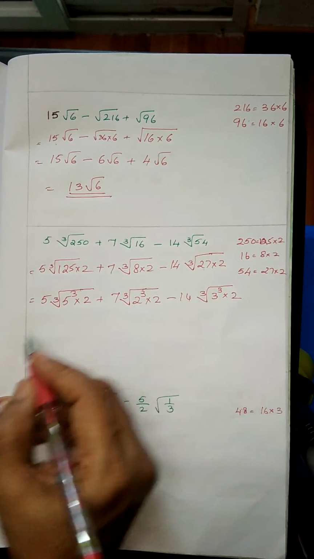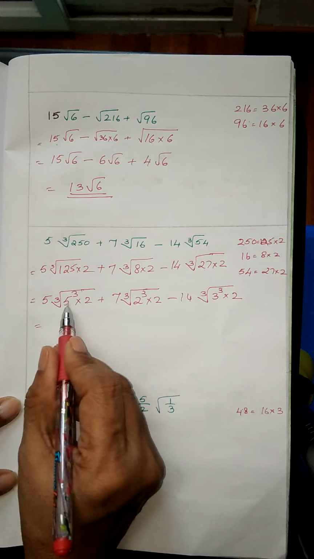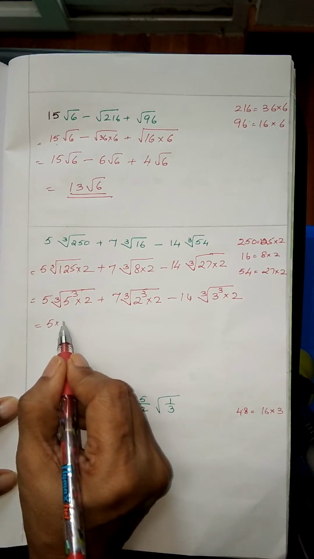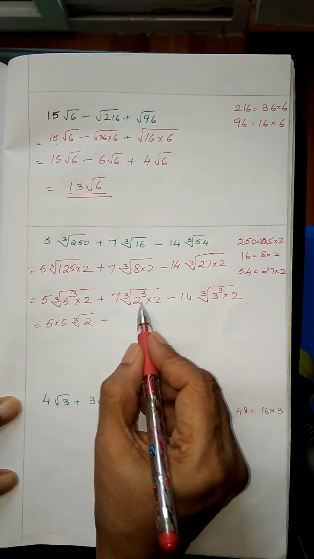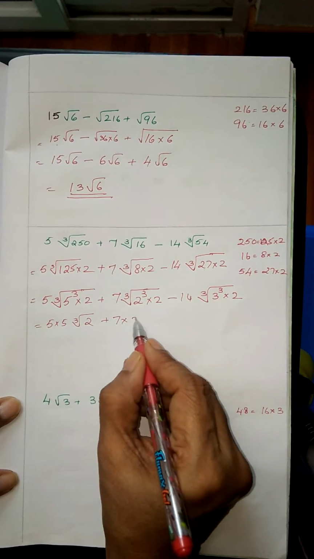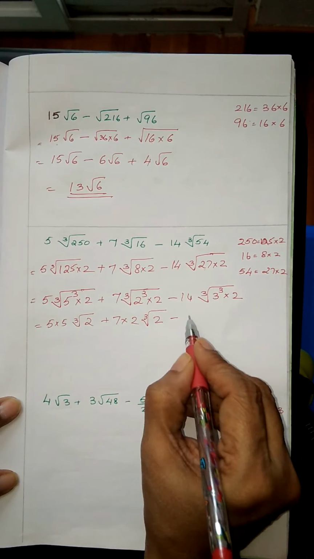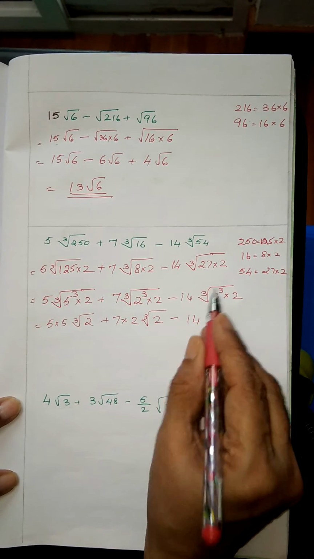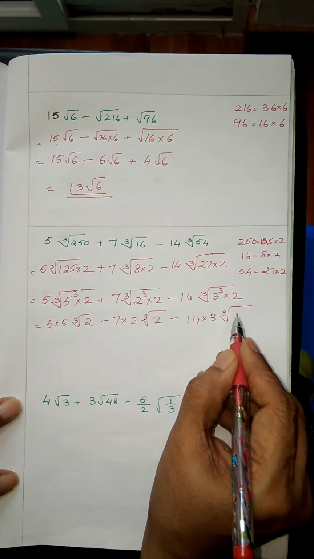Now we can take this 5 outside, so 5 into 5 cube root of 2, plus this 2 can come out, so 7 into 2 into cube root of 2, minus 14 into this 3 will come out, 3 into cube root of 2.